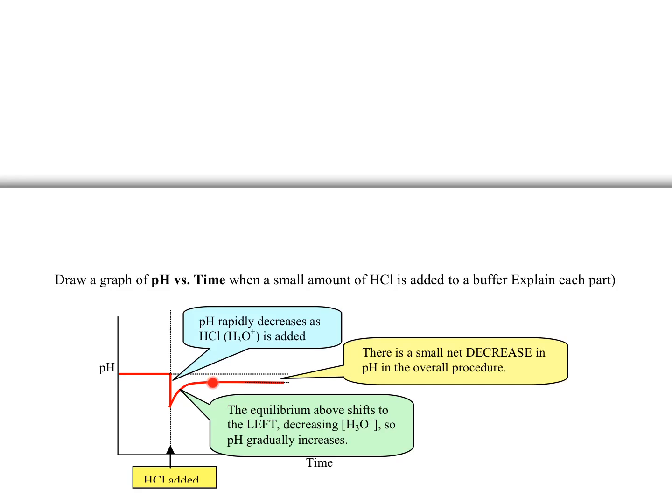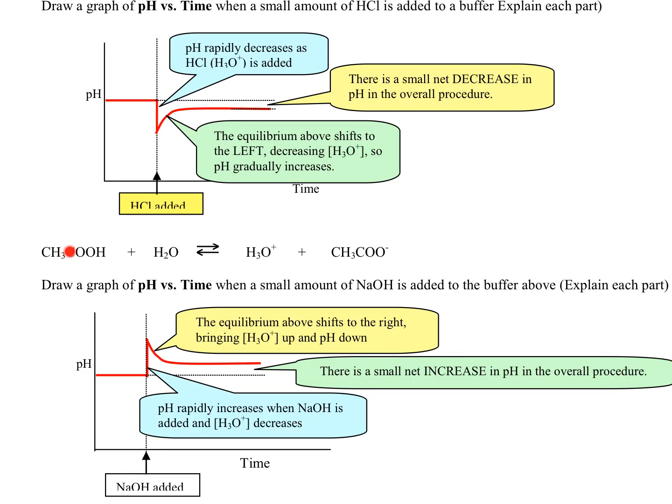But it's very small because in using a weak acid or a weak base, we're able to use Le Chatelier's principle to compensate for these additions of acids or bases. So if I was given this buffer system, using sodium acetate as my salt and acetic acid as my weak acid, I look at pH versus time, and I'm adding NaOH, I'm adding a base.